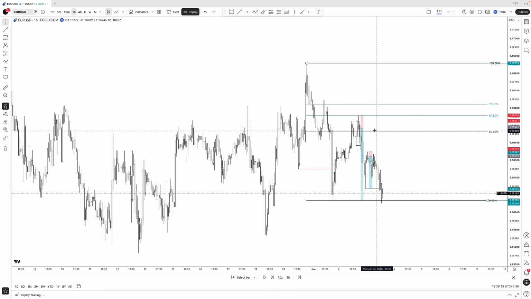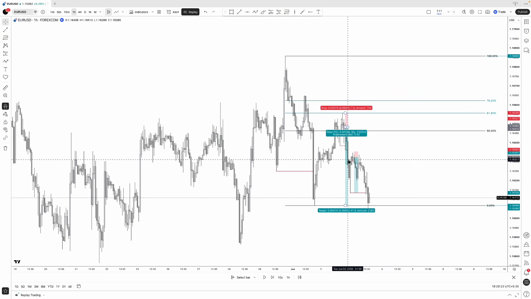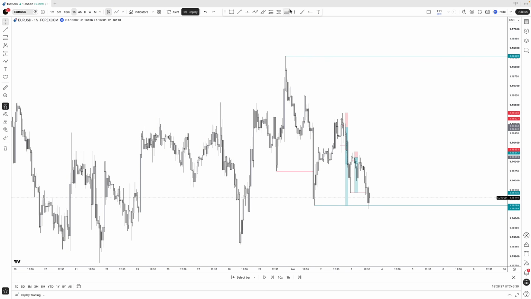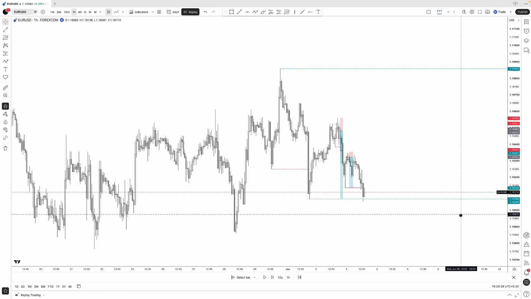So anything above 50% is a good area for us to sell from. And now you might be thinking we sold it below 50%, but if you draw the Fibonacci from this high to this low, we did sell it at a premium price again. So that was another example with a little complex pullback.